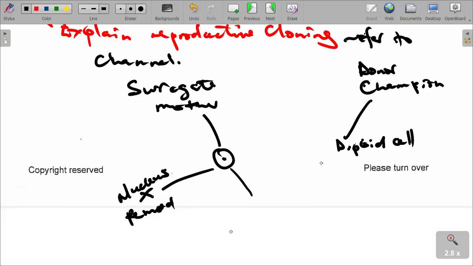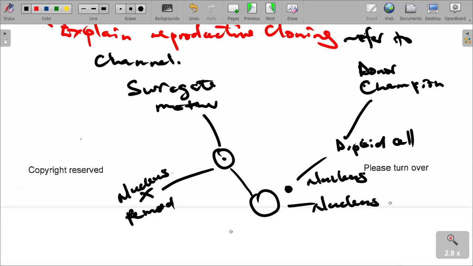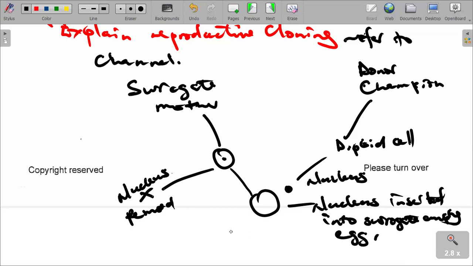Then the nucleus is taken and inserted into the surrogate's empty egg cell.